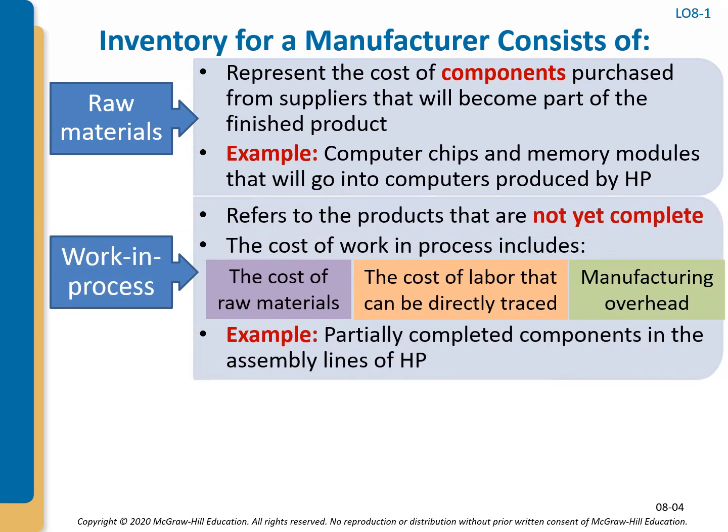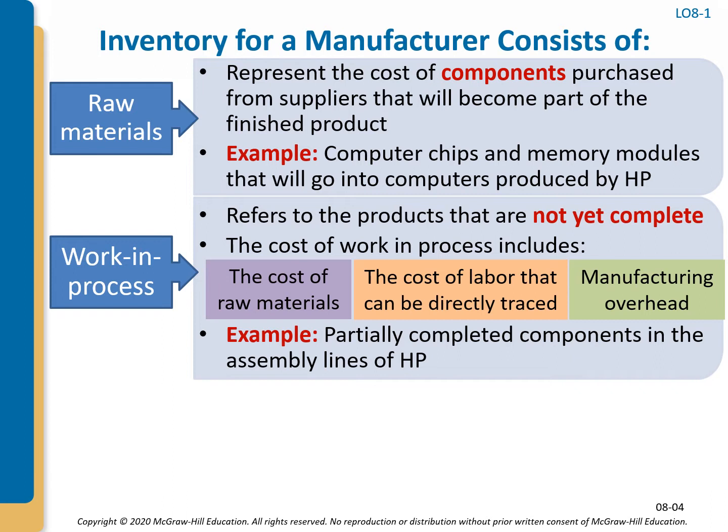Work in process refers to the products that are not yet complete. And the cost of work in process includes the cost of the materials that go into it once you start it, the cost of the labor that can be directly traced, and the cost of manufacturing overhead. Just the three.